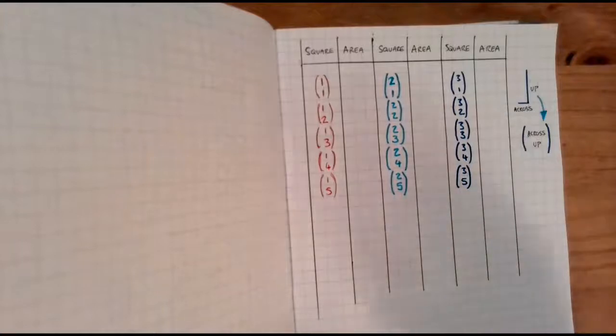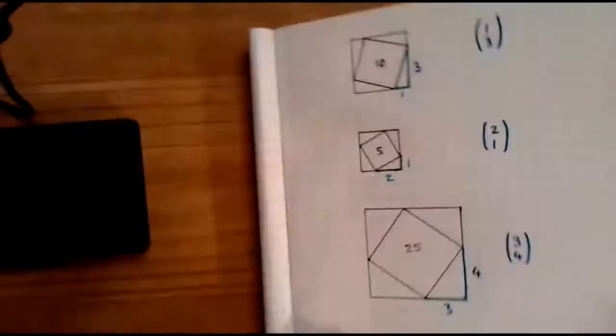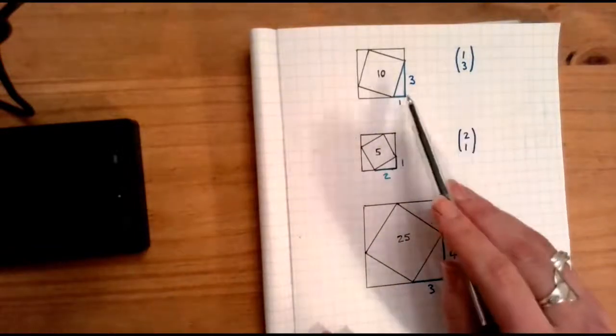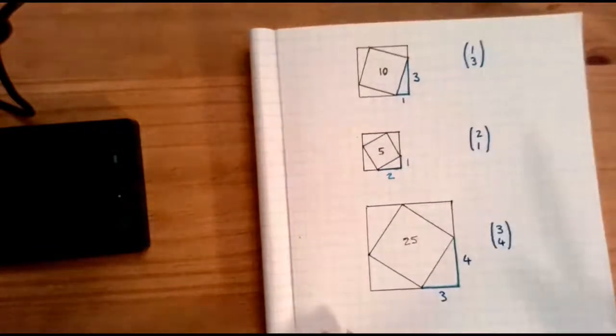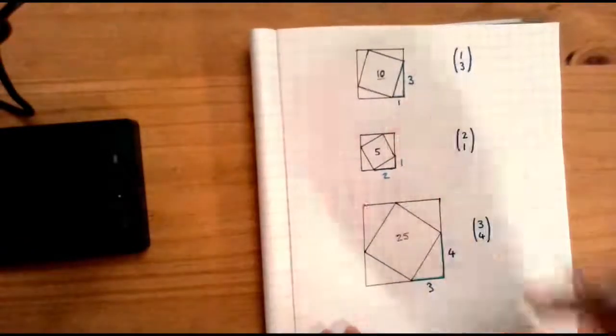Okay? And once you've copied out this table, what I'd like you to do is to start putting in any of the ones that you already have, and then adding in any that you don't have yet. So for example, we've got here this one, across 1, up 3. And we know that the area of the tilted square for that one is 10.